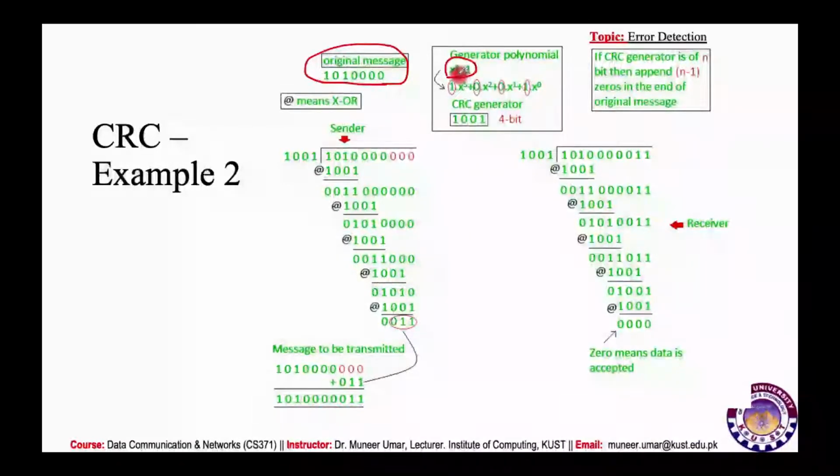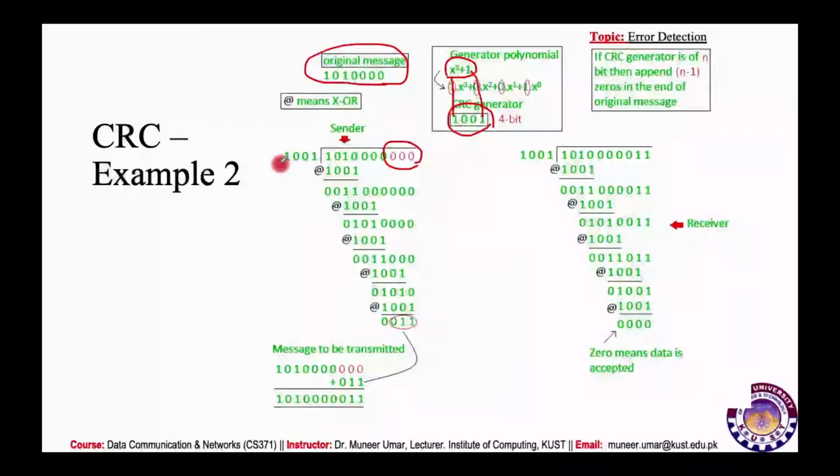So if we convert this into the bits, it should be 1, then 1 for x power 0, and these two zeros are for x power 2 and x power 1. So this is our 4-bit CRC generator. Since we have a 4-bit CRC generator, this is given, so we must append 3 bits, 3 zeros with the original data.